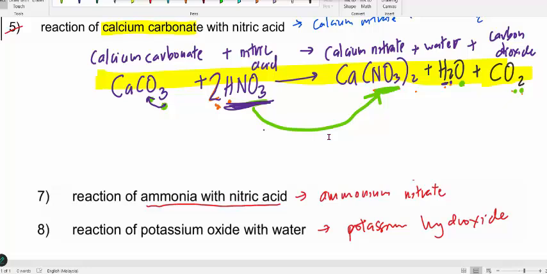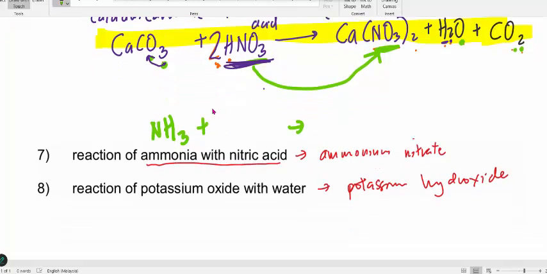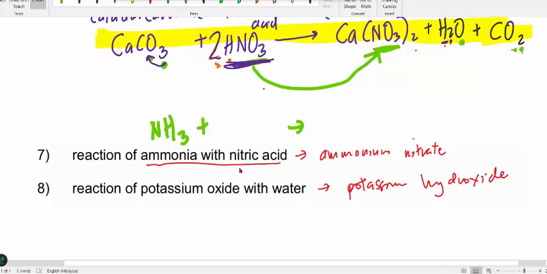Okay, so like this. Ammonia is NH3 plus nitric acid, you must write down, become ammonium nitrate. Write the formula here and then balance the equation. I already filled in a lot of blanks for you. You just do it yourself. So ammonia plus nitric acid, put in this nitric acid here and then become ammonium nitrate.